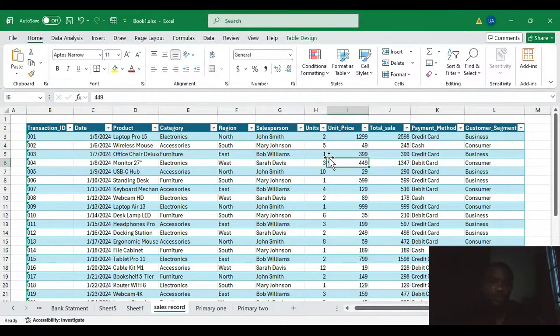Now, if you are just running two analyses, well, the two can go. Now, if you are running more than two analyses, maybe you want to use 3 columns for your data analysis. That means you can now compare your category or your products with region, with unit price. Then that will make sense.